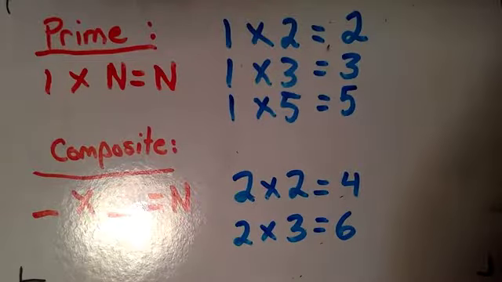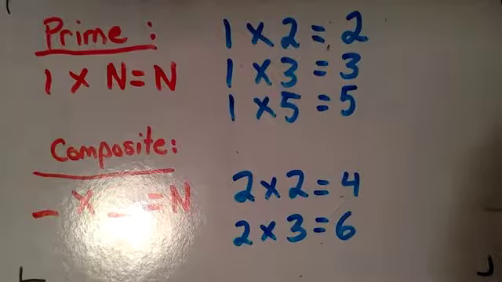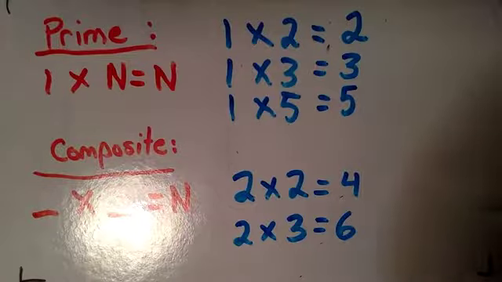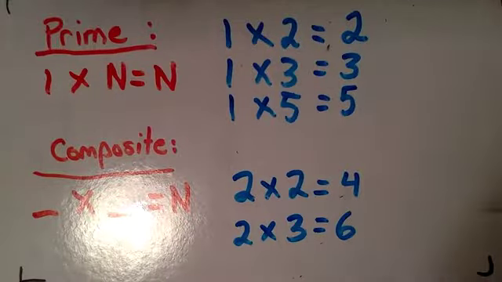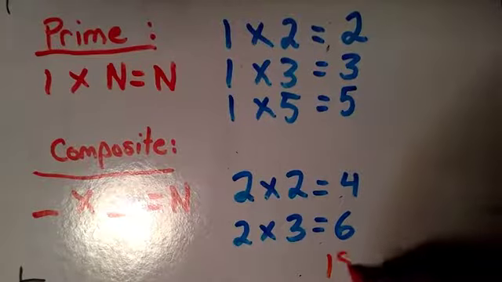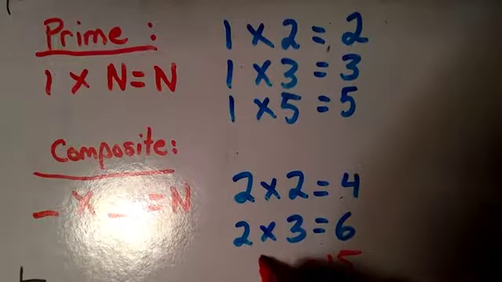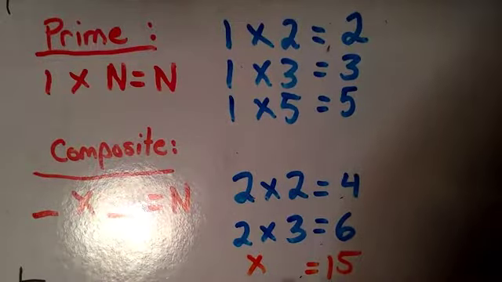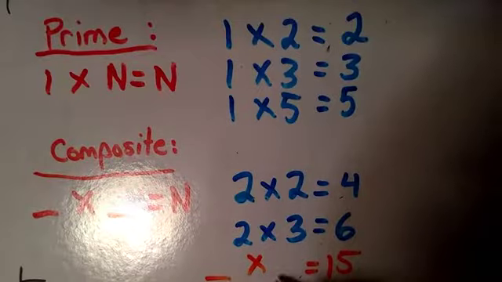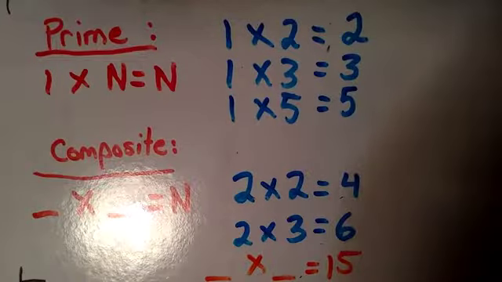So, how do you go about finding out if a number is prime or composite? Well, let's, for example, look at the number 15. So, obviously we know that 1 times 15 is going to get us to 15, but we want to know if there's two other numbers that will get us there.